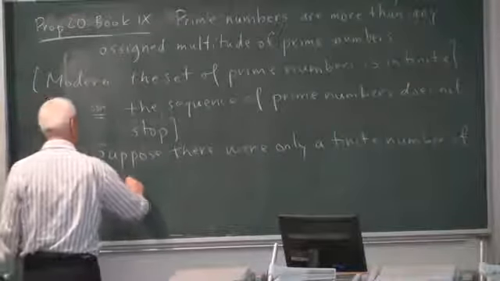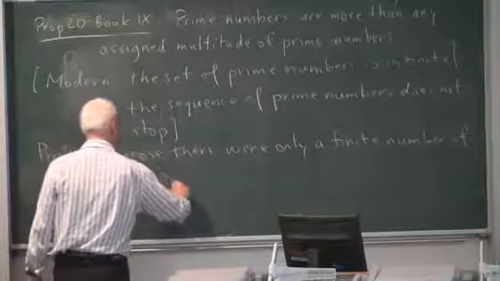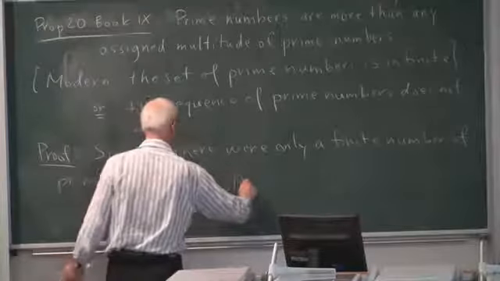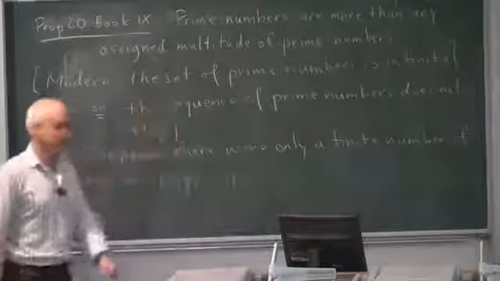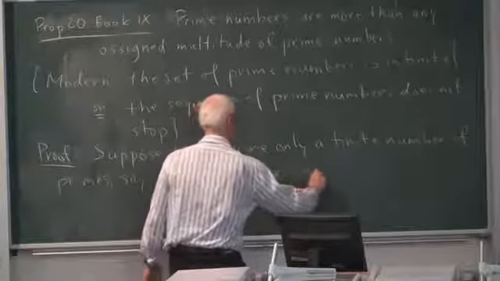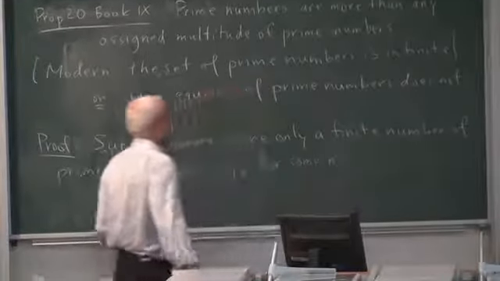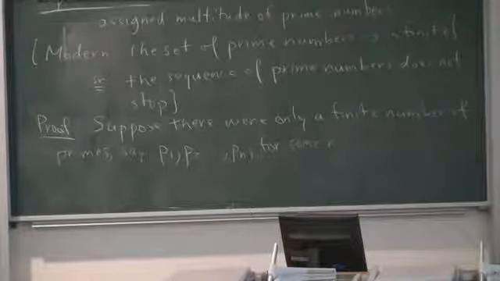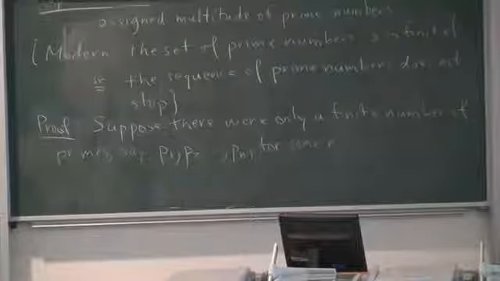Let's say P1, P2, up to Pn for some n. Suppose that there were only a trillion primes. So we're going to try to arrive at a contradiction from this. We've got to try to show this is actually impossible.